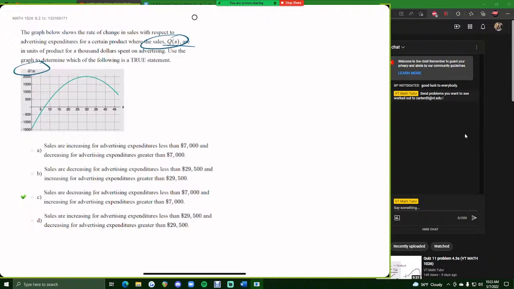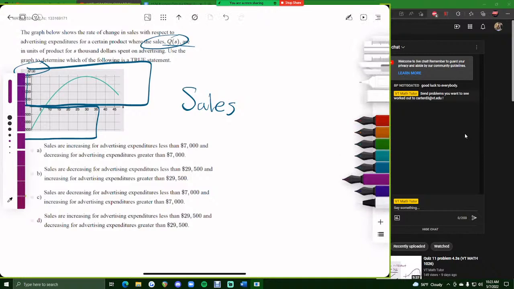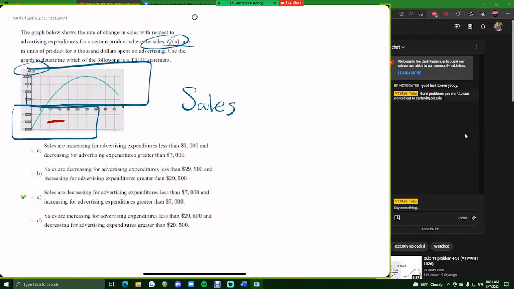Anytime you are given a first derivative graph and you want to know where the original function, the original sales, are increasing or decreasing, you don't analyze where Q prime is increasing or decreasing. You analyze where Q prime is below or above the x-axis. Q prime is negative below the x-axis.